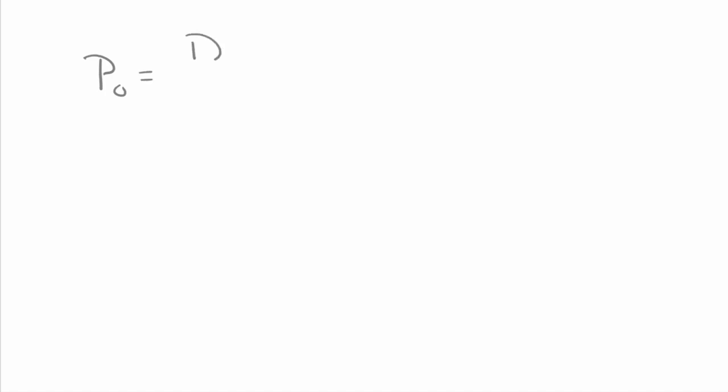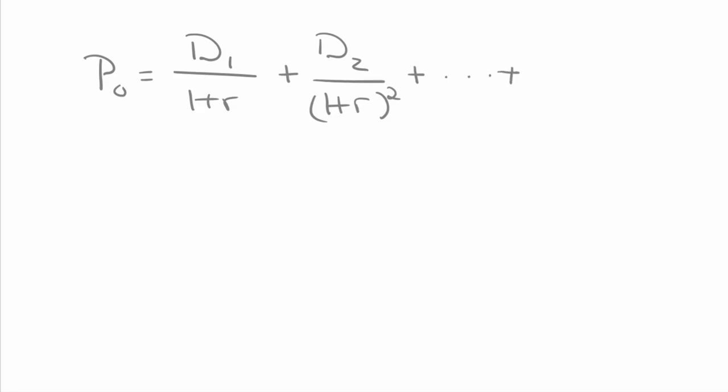P0 is the dividend 1 year from now, plus the dividend 2 years from now, plus the dividend 3 years from now, and so on and so forth, until we feel like stopping when we get the dividend T years from now, and then we get this terminal price T years from now.